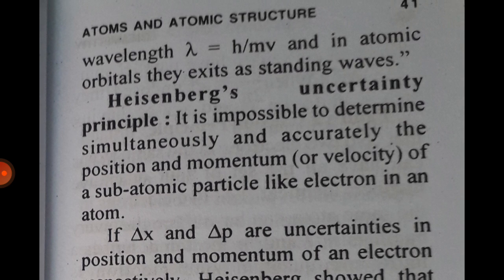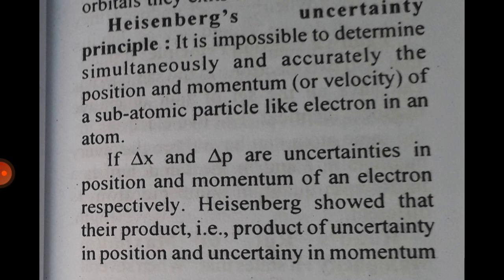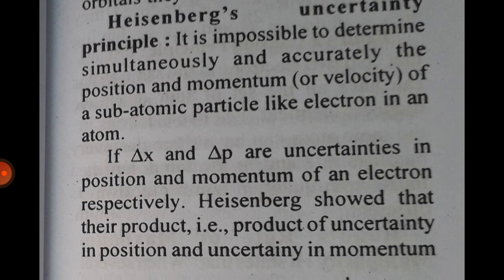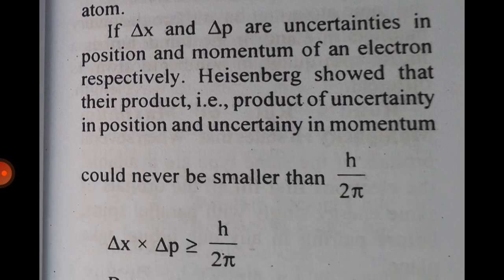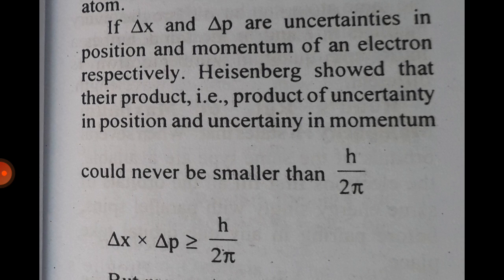Heisenberg's uncertainty principle. It is impossible to determine simultaneously and accurately the position and momentum or velocity of a subatomic particle like an electron in an atom. If delta x and delta p are the uncertainties in position and momentum of an electron respectively, Heisenberg showed that their product could never be smaller than h upon 2 pi.